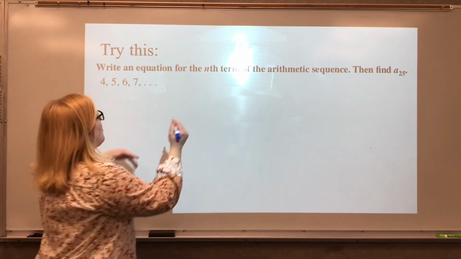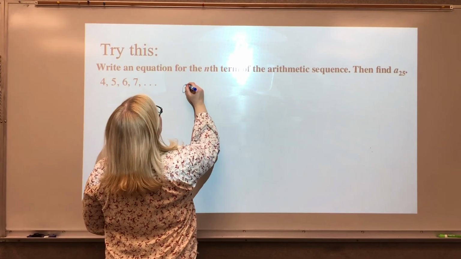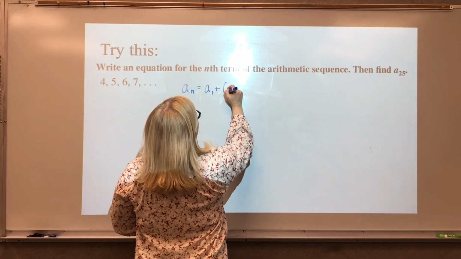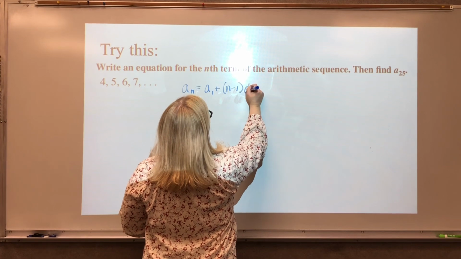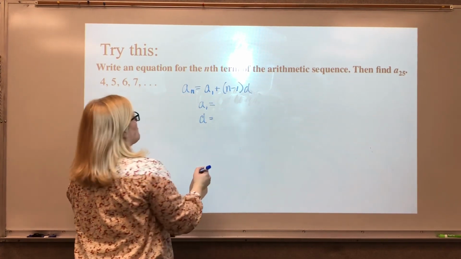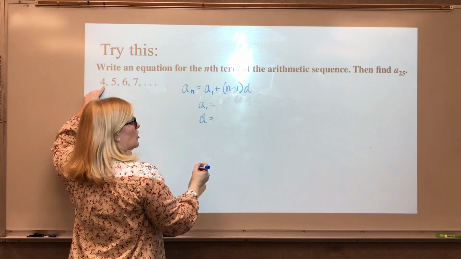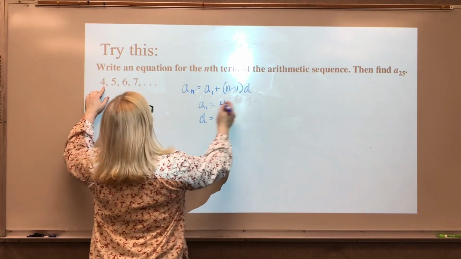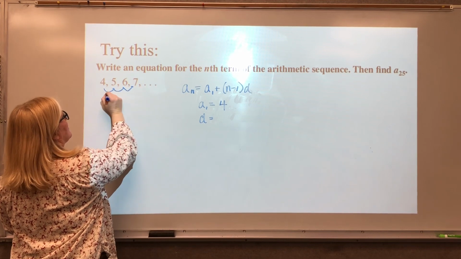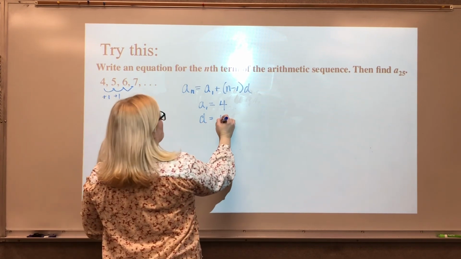Okay, so, I erased what was important. A sub n equals a sub 1 plus n minus 1 times d. And I need a sub 1 and d. Remember, a sub 1 is the first term, that's 4, and d is what is being added to each one. And in this case, it's 1.